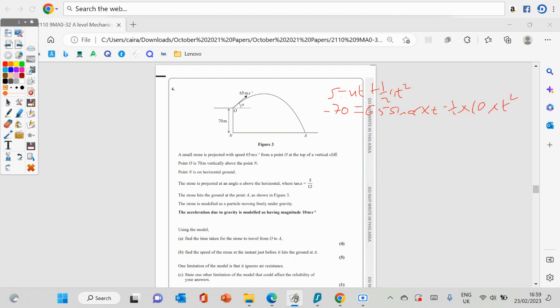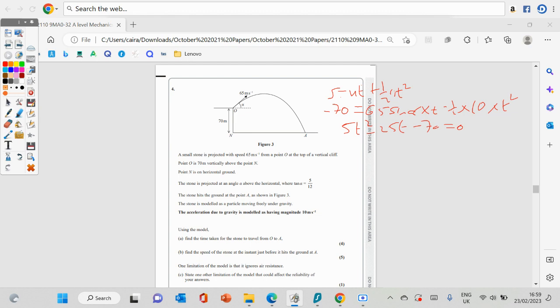Okay, so that's going to give you 5t squared minus 25t take away 70 is set equal to 0. I'm just going to solve that on the calculator, the fx-991EX, polynomial degree 2. I've got 5, minus 25 and negative 70.